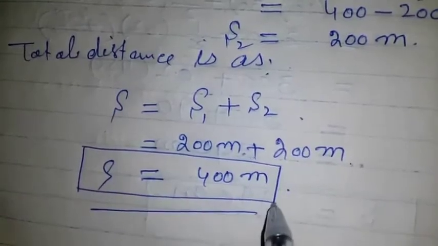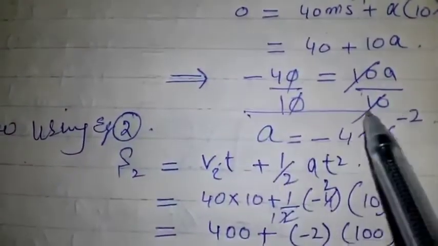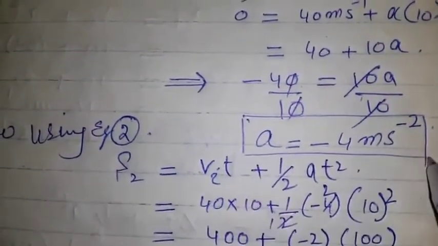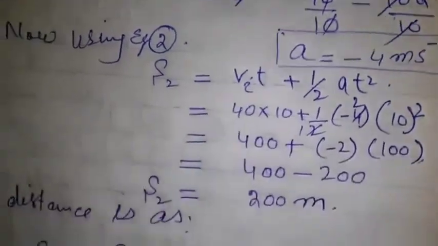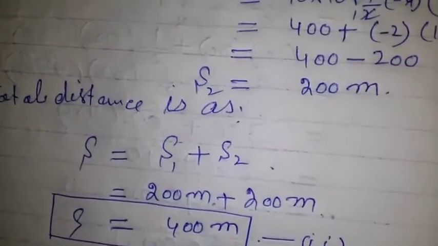It is the total distance, and here we got the value of A, or deceleration, which was asked. This is part number 1 and this is part number 2.